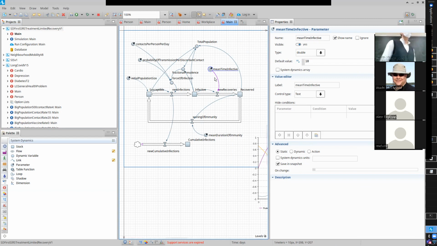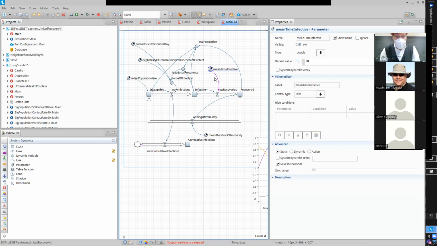The idea is if more people are waiting for treatment, and you get in the back of the line, you have to wait longer until you're treated. But if there's more healthcare workers to provide that treatment, you can proceed through that line quicker. That's a key idea here.